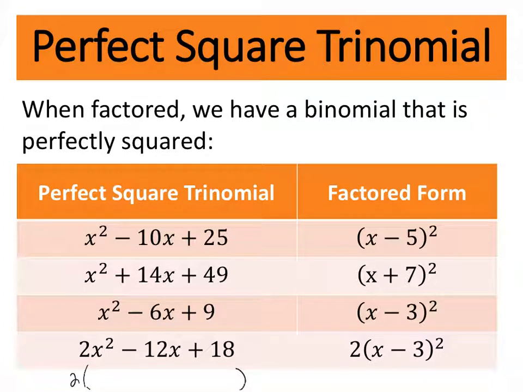And so then I'd be left with x squared minus 6x plus 9. Oh, but look, if that has the common factor out, then that -6, half of -6 is -3. So hopefully you see that relationship.